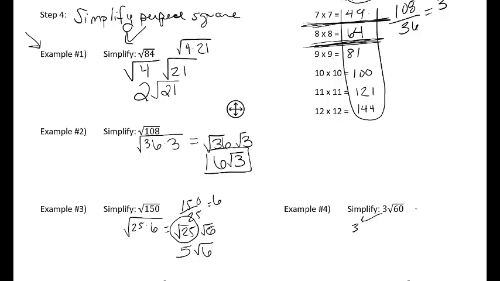No, 9, no. I think 4 goes evenly into it 15 times. So if I'm just worrying about radical 60, you can skip some steps too and skip right to 4 times 15, or radical 15, sorry.